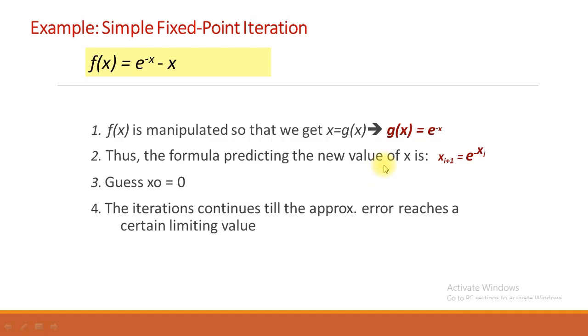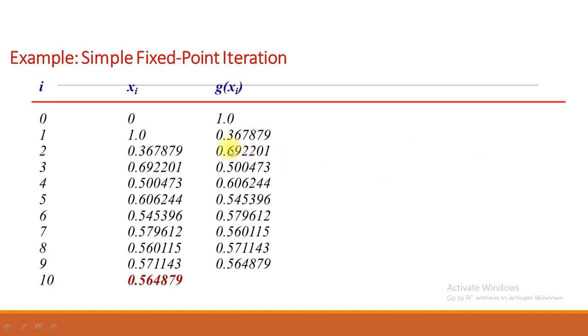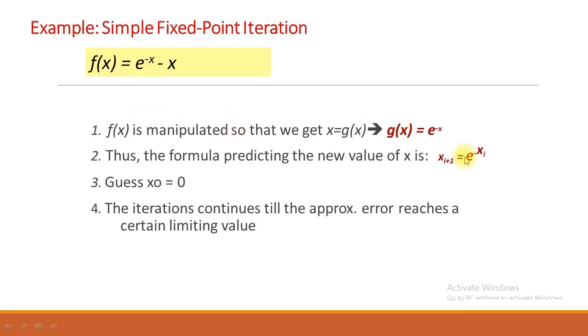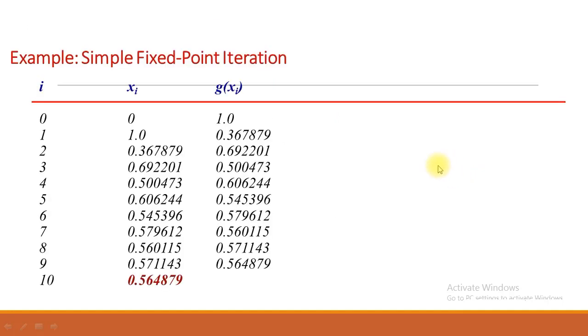So here we are going to find the fixed point for the function g. If the fixed point for the function g is 0, then putting this 0 into the function g, we get e power 0 is equal to 1. Now if 1 is the fixed point of g, then 1 will be the approximate root of the given equation.